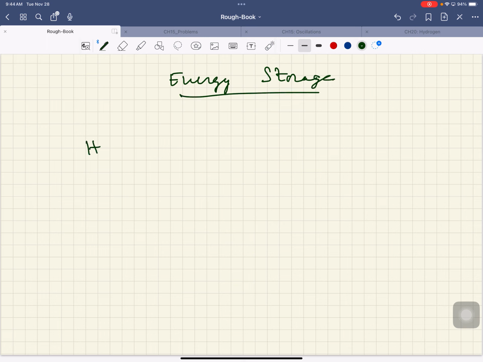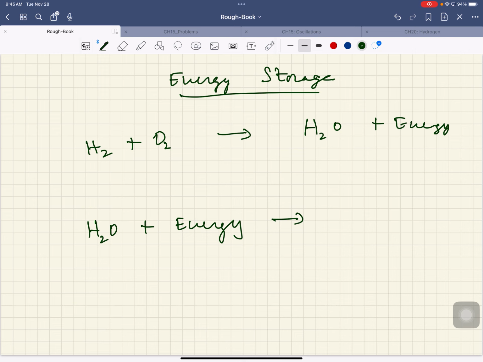All right, so you burn hydrogen and you get energy. Now you can do the reaction in reverse. You can take water and add energy and you get this. So what happened here?